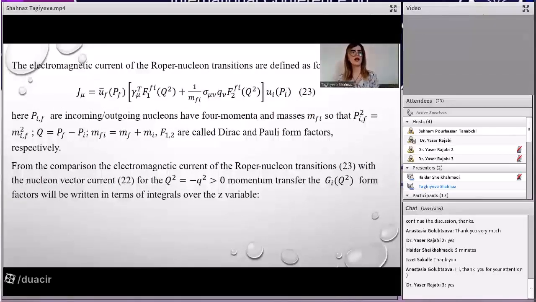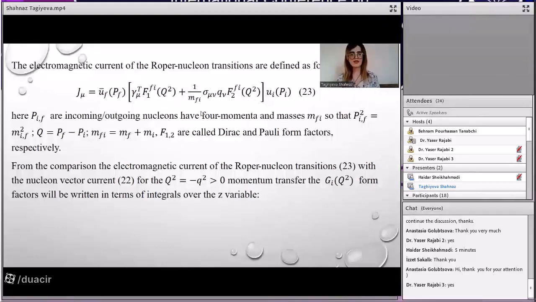The electromagnetic current of the Roper nucleon transition is defined in the Lorentz form as in expression 23, and F1(Q^2) and F2(Q^2) are called the Dirac and Pauli form factors.